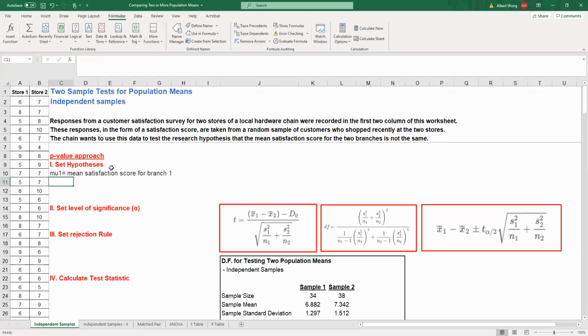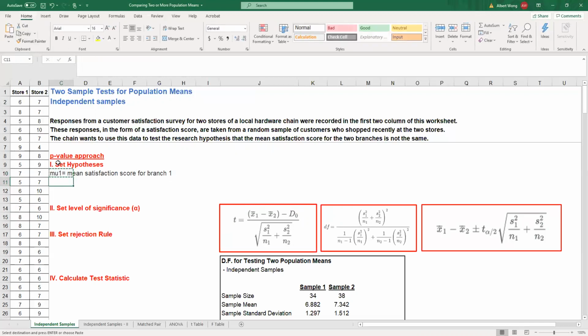And then we can just copy the same here. And mu2, of course, is the mean satisfaction score for branch number 2 or store number 2. Therefore, let's write down the research hypothesis, or the alternate hypothesis: mu1 is not equal to mu2.